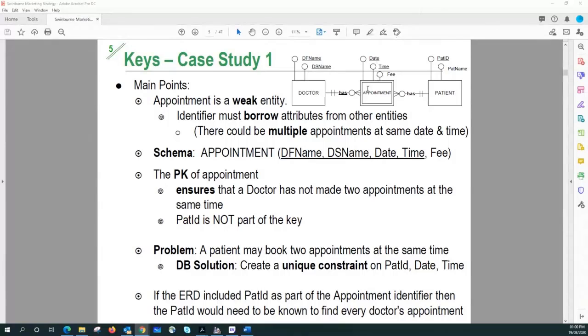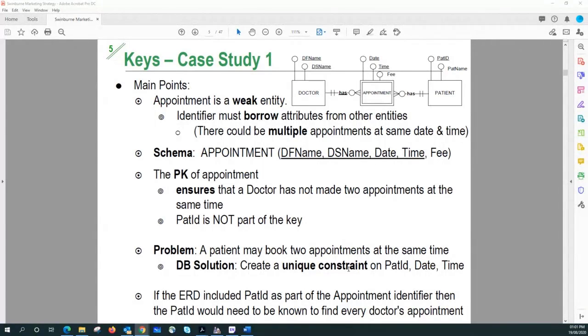In this way we can have a unique customer, but there is a business rule: no patient can book twice at the same date, same time, right? Actually, it's obviously not practical as well, right? If a patient could book twice at the same time, with two doctors? No, right? It's not practical. But how can you implement that? You implement that by using a unique constraint.